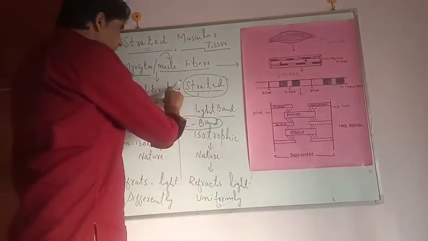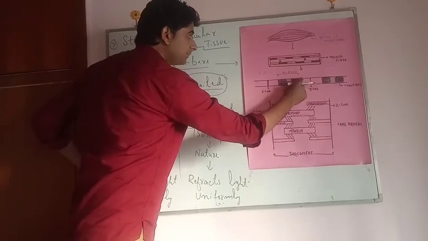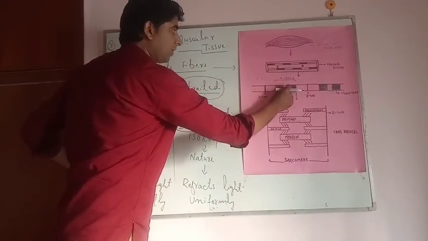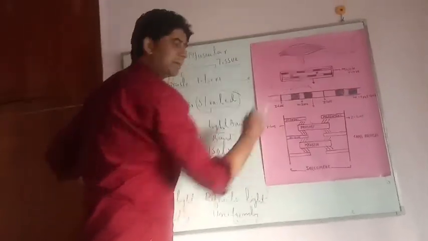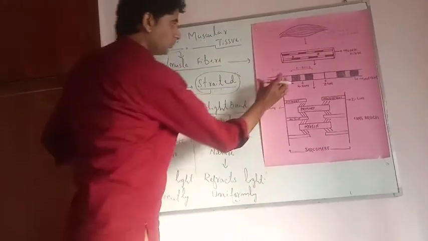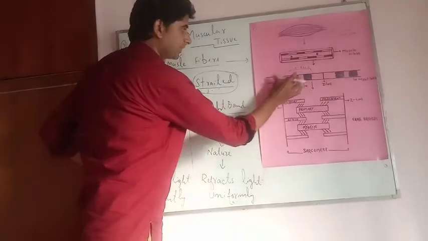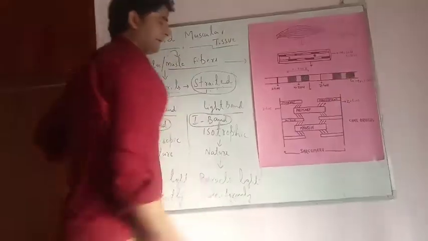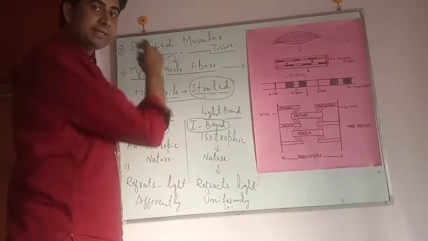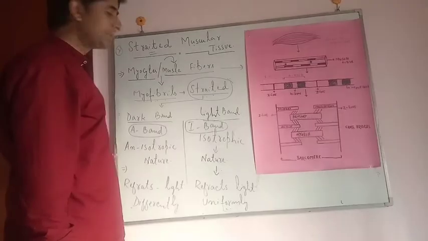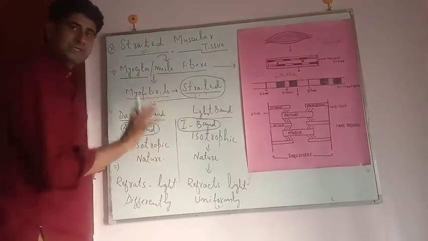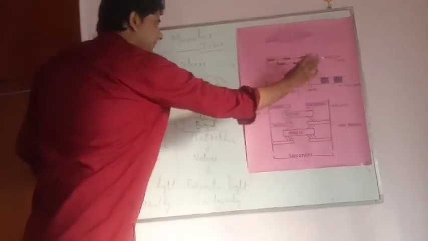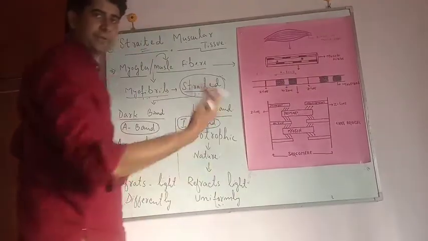Now, अगर यही muscle fiber हम zoom out करेंगे, यहां से ये एक muscle fiber और एक myofiber zooming करेंगे, तो this one is the light band, this one is the dark band, this one is light band, and this one is the dark band. So that is why इसको हम कहते हैं striated muscle fiber. अब हमें पता चला यहां पे दो बैंड्स है, डार्क बैंड है, लाइट बैंड है, फिर से लाइट बैंड है, फिर से डार्क बैंड है, accordingly.